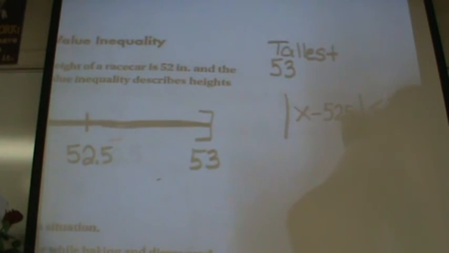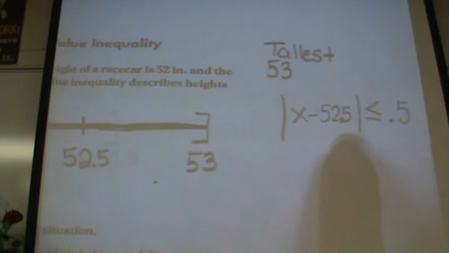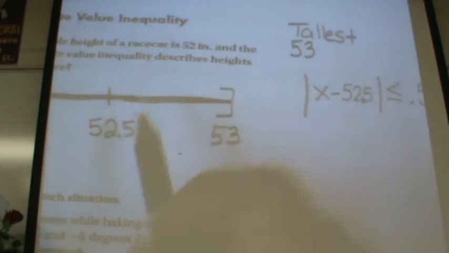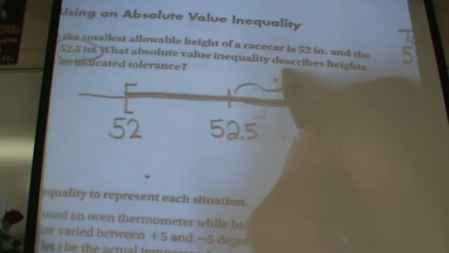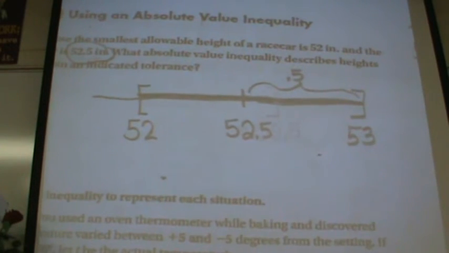This is 52.5, there's a point there. You get that? So in other words, this is the halfway number, and this distance is the same on both sides. Does that make sense?